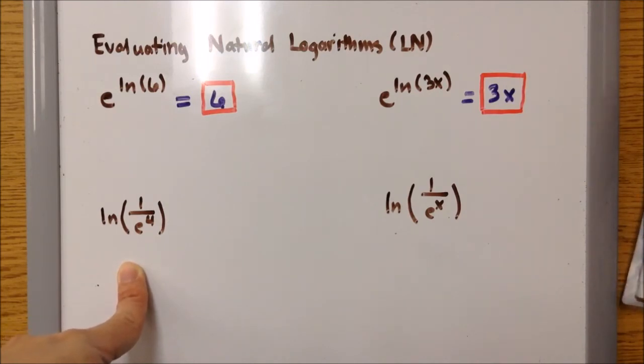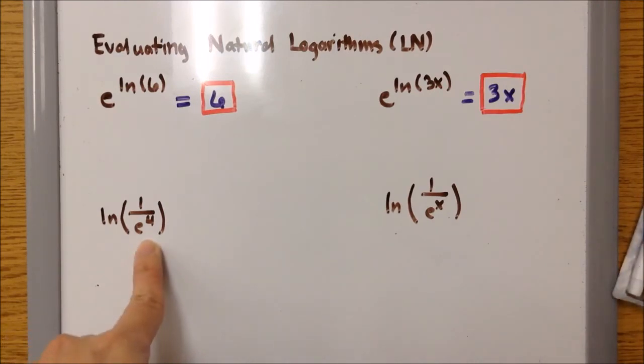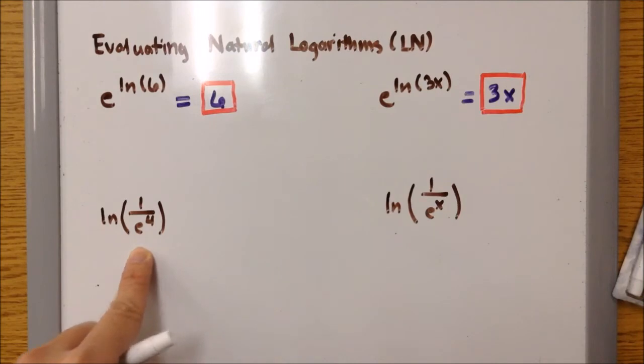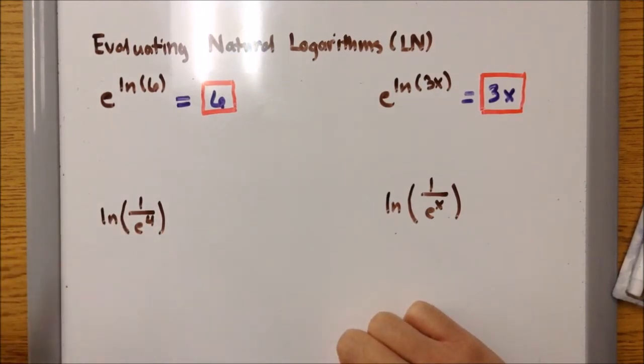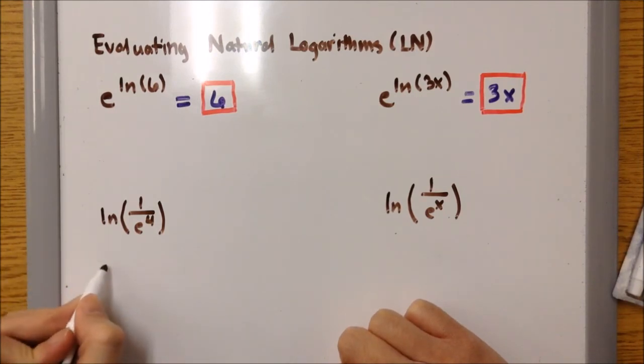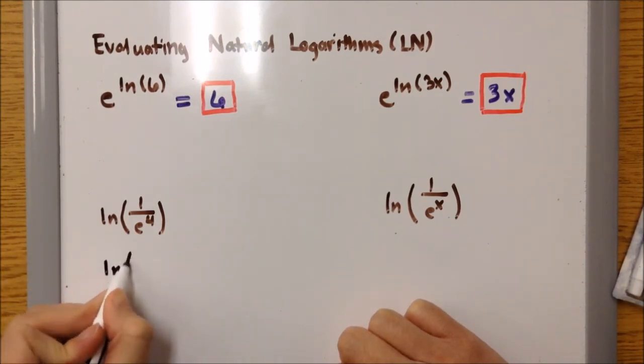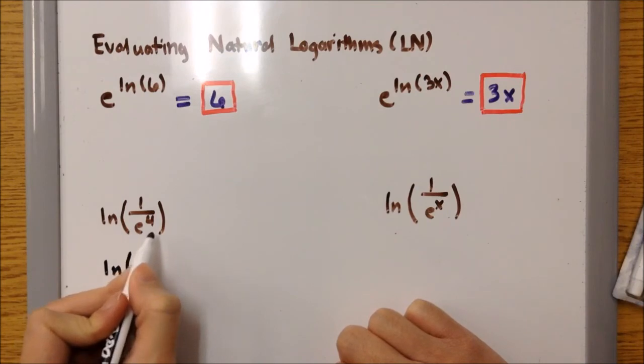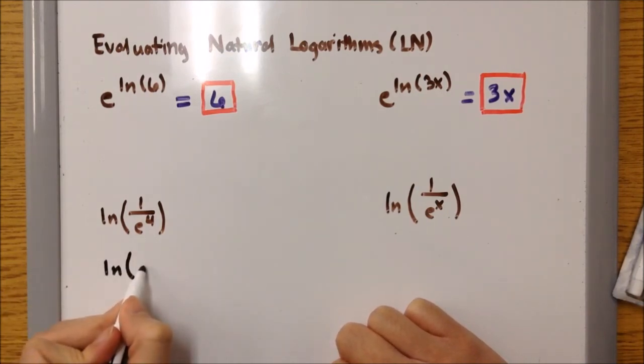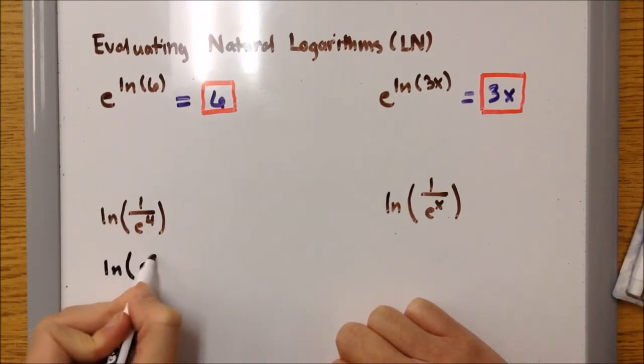So what we can do, using the exponent laws, is convert this from a fraction into where e to the 4th power is in the numerator. If I were to rewrite it where we don't have a fraction anymore, it would be ln of e to the negative 4th power, since it's e to the 4th power.